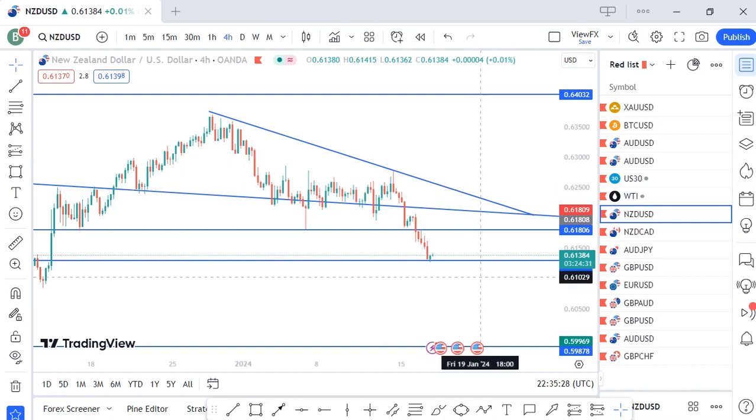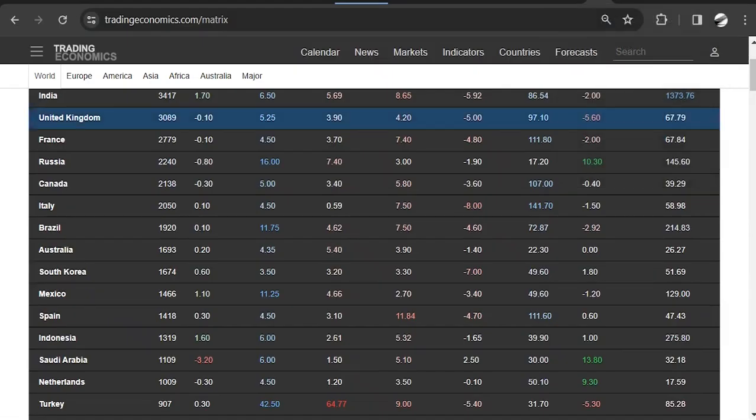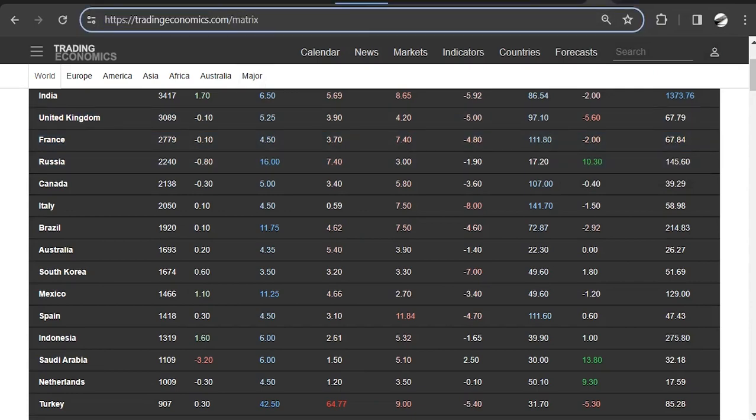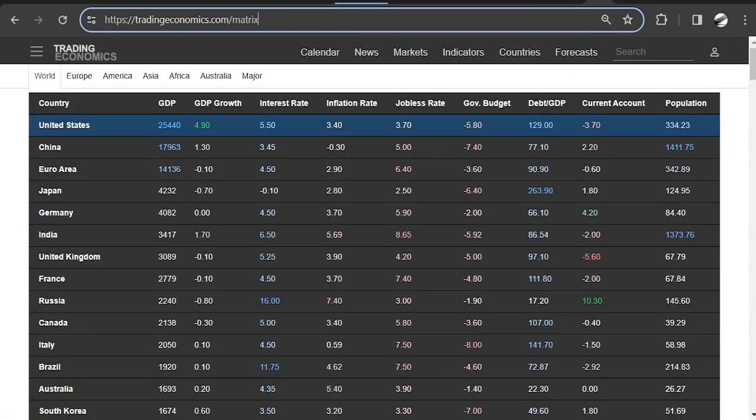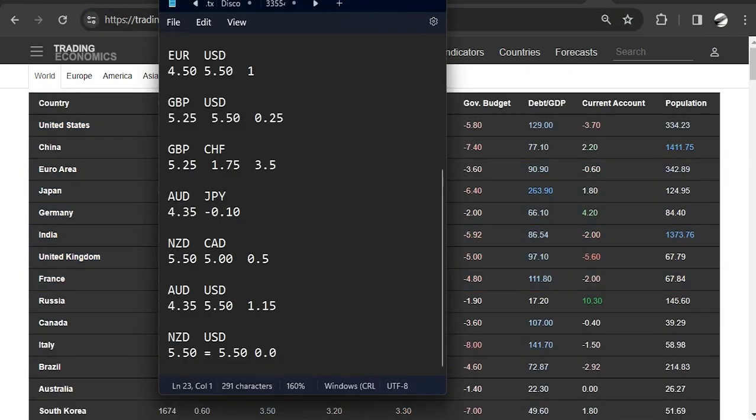So whenever you want to take a trade next time, do well to visit this site, tradingeconomics.com, and compare the interest rate of the pairs you want to trade. And if the difference is bigger, it shows that pair is going to trend more than when we have a little difference between the pair.